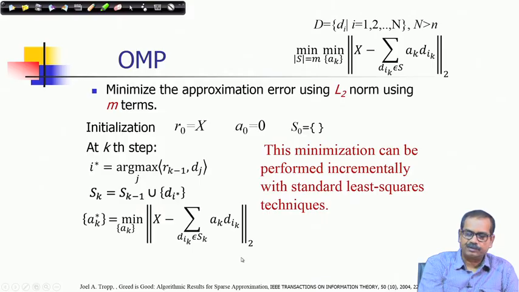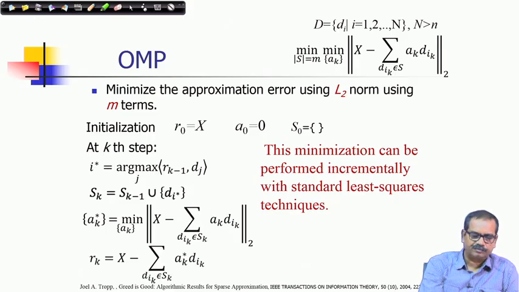So, the residue is computed like this. I mentioned that this minimization can be performed with standard least square techniques. This is the residue, and through this step, by enforcing least square error estimation, we have ensured that Rk is orthogonal to all the elements of Sk, and that is why in the next iteration you do not need to bother about those elements.